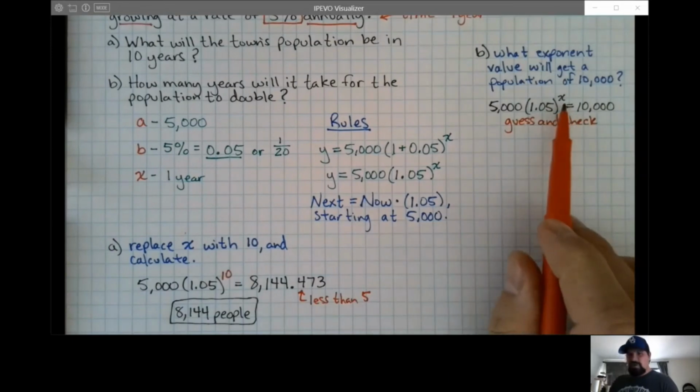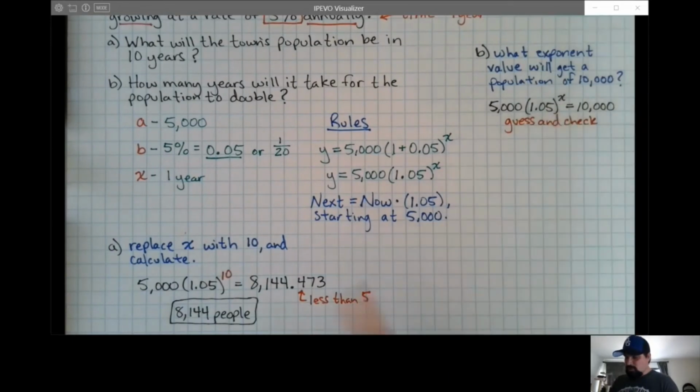Try different values for x in the calculator. We already know that when x equals 10, we're at 8,144. Not enough. So it's going to be bigger than 10. And try some different values. When I did this, I went ahead and tried 15, and it ended up working.